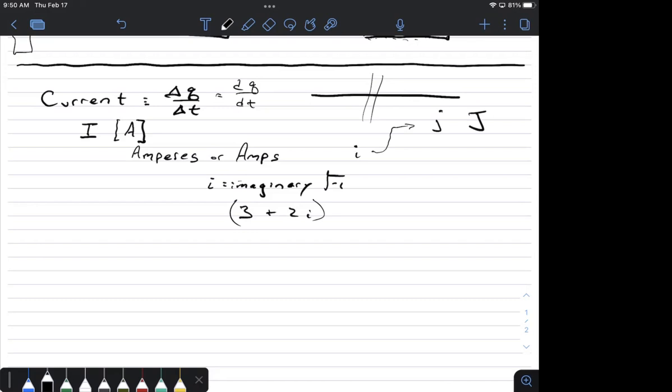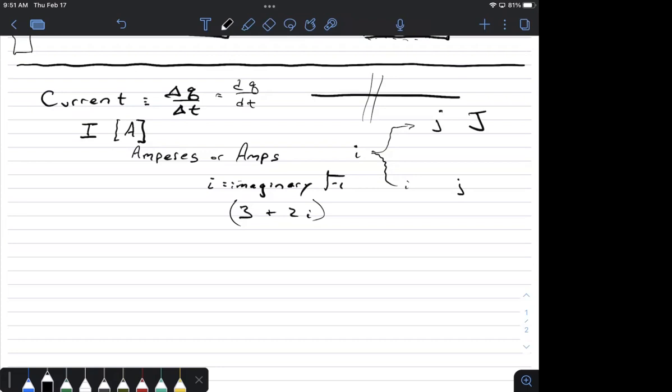But then engineers will say, no, we'll keep little I for the current, and instead imaginary number will now be J. So this is a big point of frustration, especially if you're a physicist who takes engineering courses, or you're an engineer who takes physics courses. Because let's say I take AC circuits as an electrical engineer. Well, I've gone my physics career calling current I and the imaginary number little I.